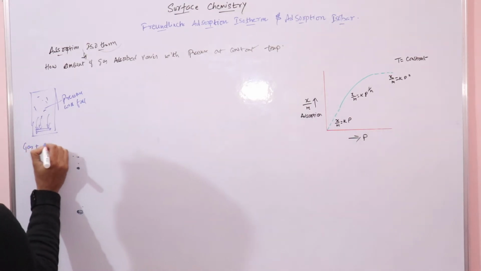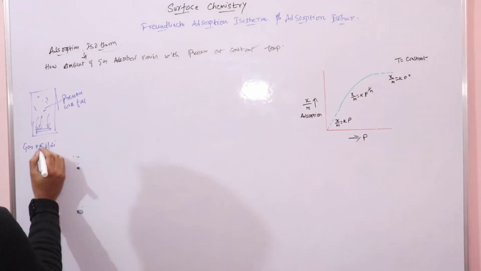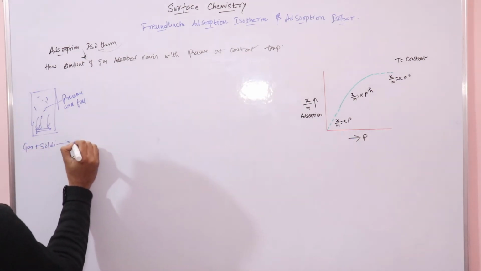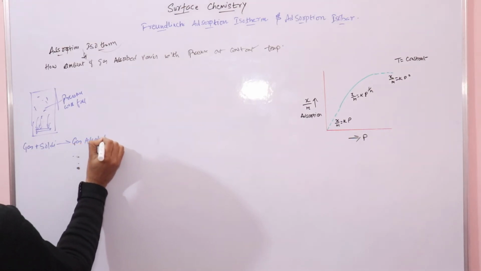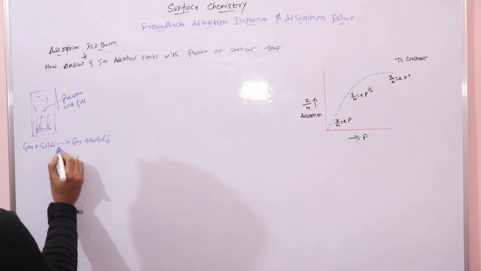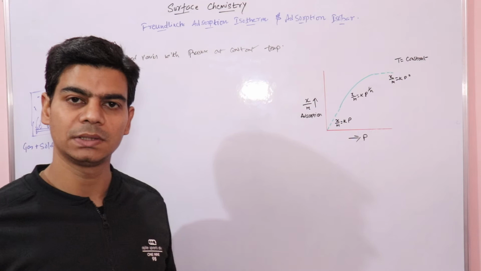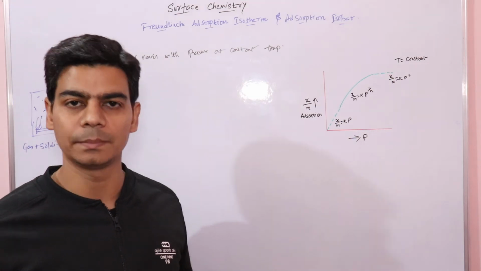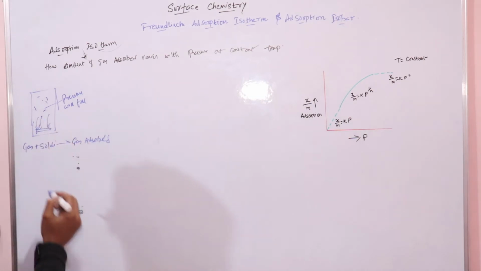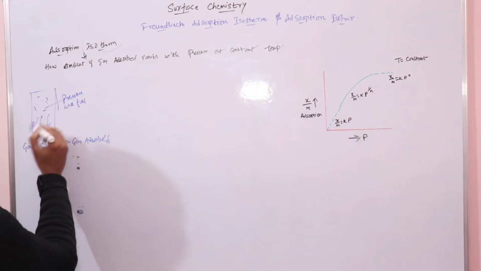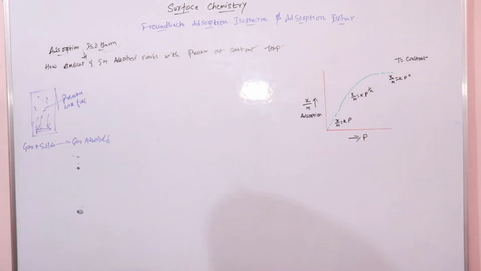So gas plus this solid, this is what adsorption is. So gas adsorbed, right? And I said in the beginning, and we have discussed this in the previous lectures also, that adsorption is an equilibrium process. By equilibrium process we mean that initially when the gas gets adsorbed on the surface, the rate of adsorption would be high, right?